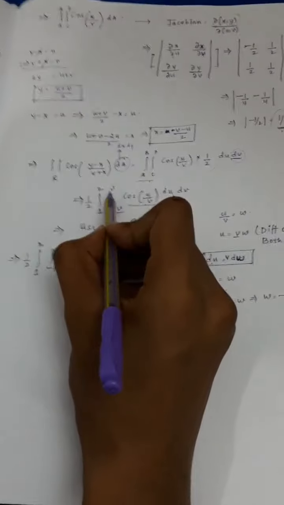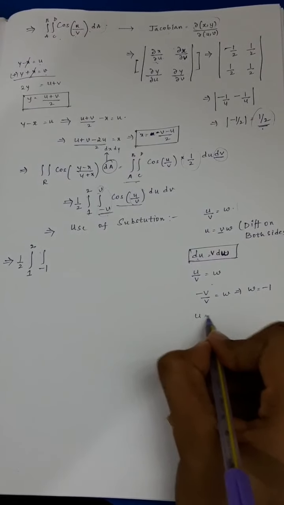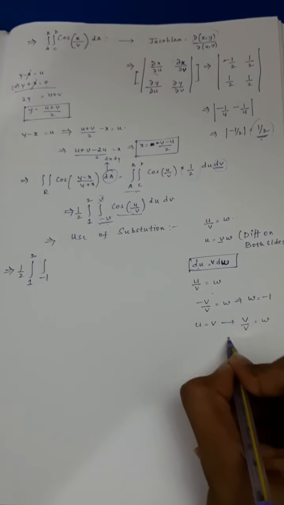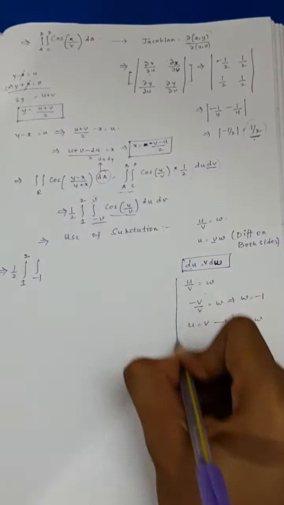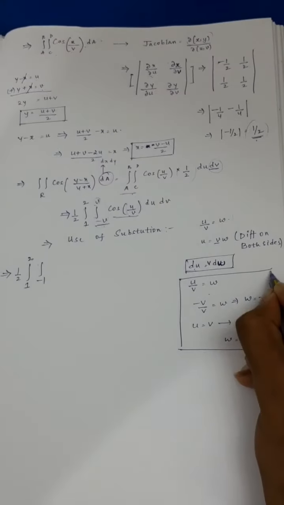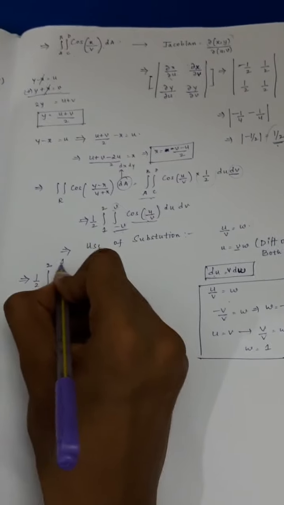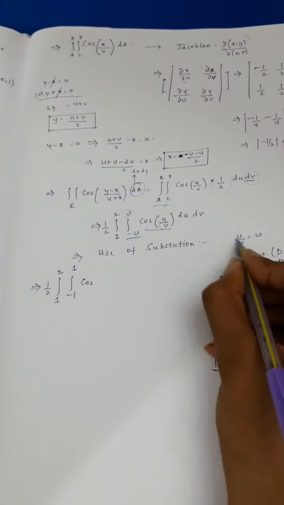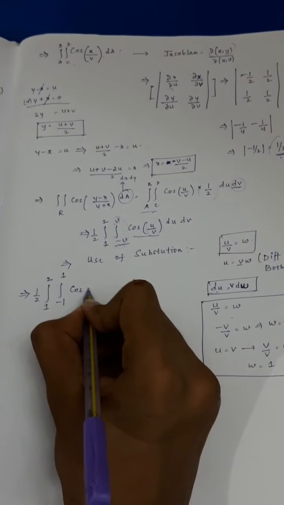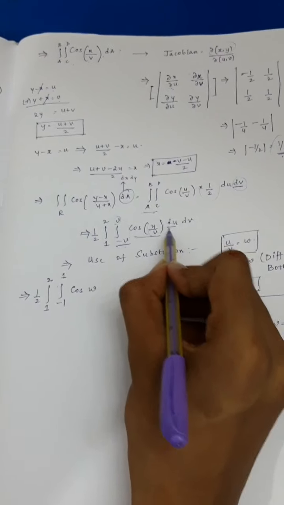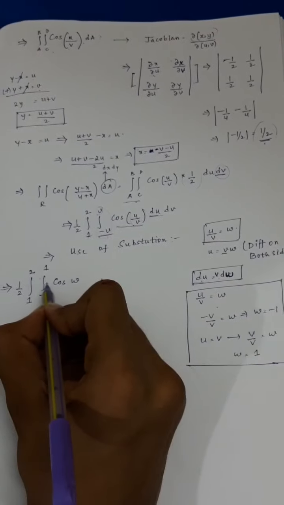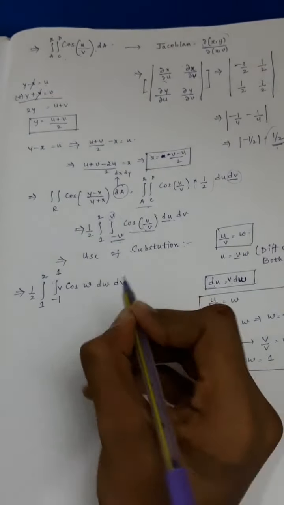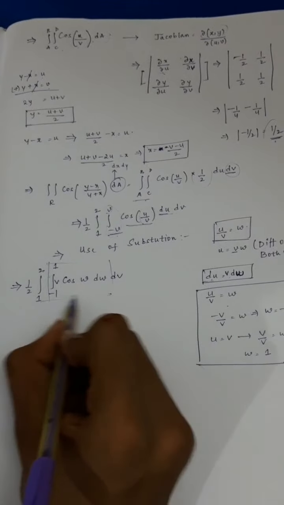Similarly, at the upper limit u is equal to plus v, so v by v is equal to w and w would be plus 1. So these are the limits we have evaluated here. It would be the integral from minus 1 to plus 1 of cos of u by v, which we have taken as w, times du. Du is nothing but v times dw, into dv. So let us take the inner integral first.